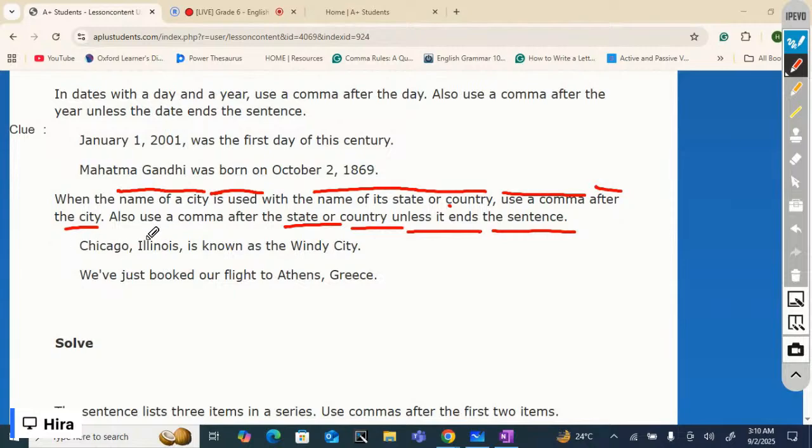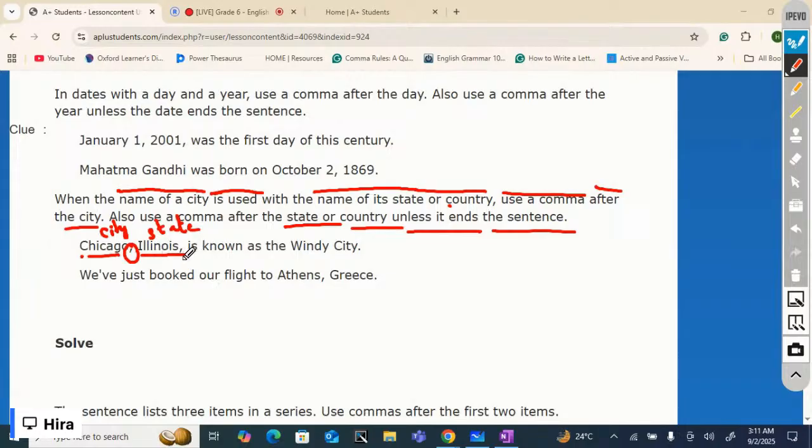Chicago, Illinois, is known as the Windy City. Now, in this one, Chicago is the name of the city. Illinois is the name of a state. Now, a comma is used after the city.